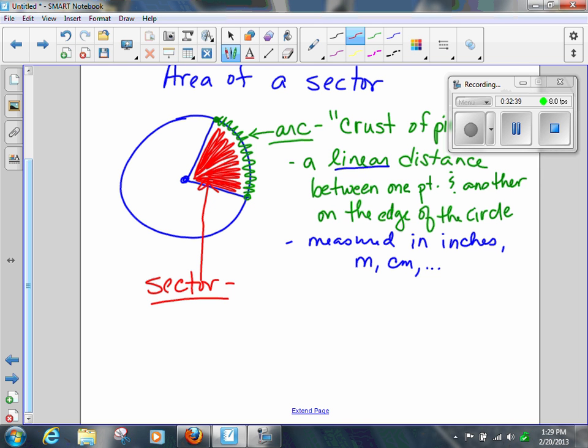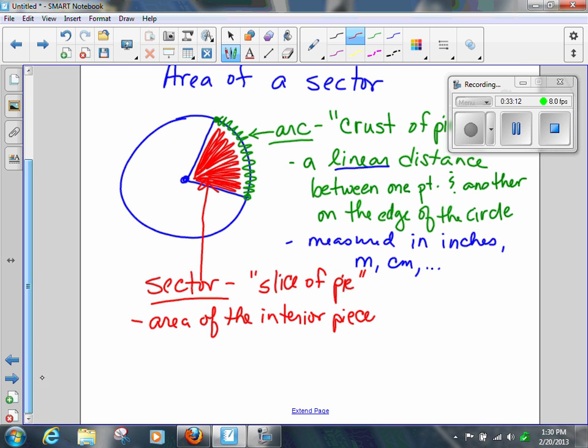Arc, crust, sector, there we go, slice. The sector is the slice of pie. Okay? It is the area of the interior piece. And whereas arcs are measured in plain old inches, the area of the sector is going to be measured in what? Inches squared.